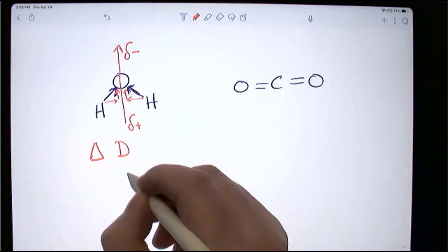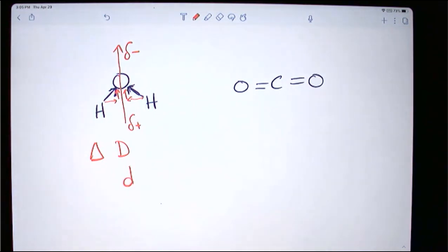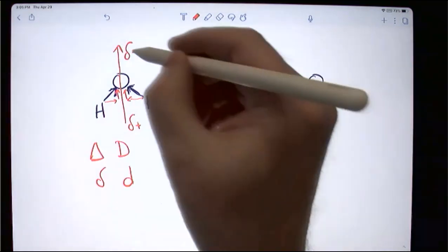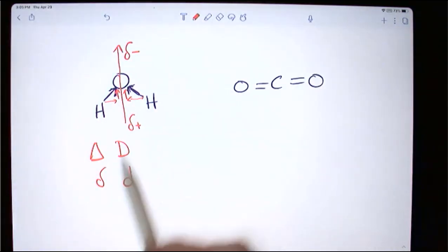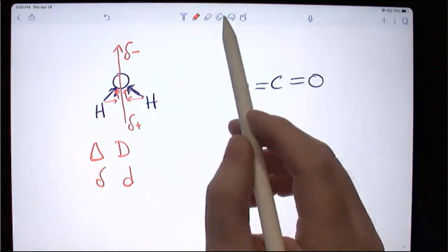In English, we write a lowercase d, and in Greek, that's your lowercase d. So it's the letter delta, and just like our capital D and a lowercase d, there's a capital delta and a lowercase delta. The capital delta usually means change in something. The lowercase delta here was going to mean partial. So we say partial negative charge, partial positive charge.